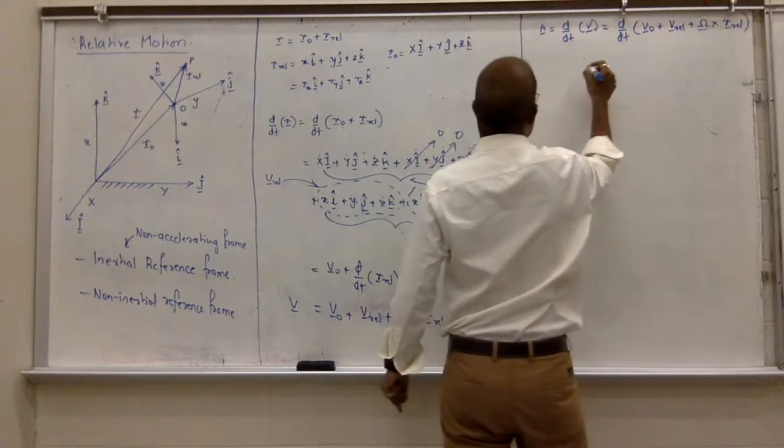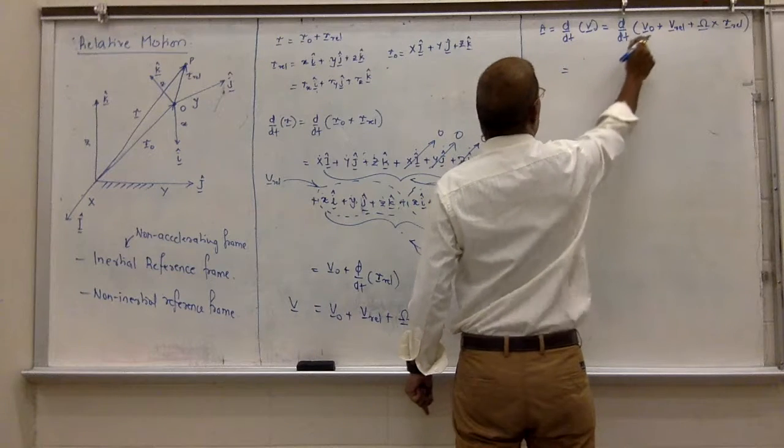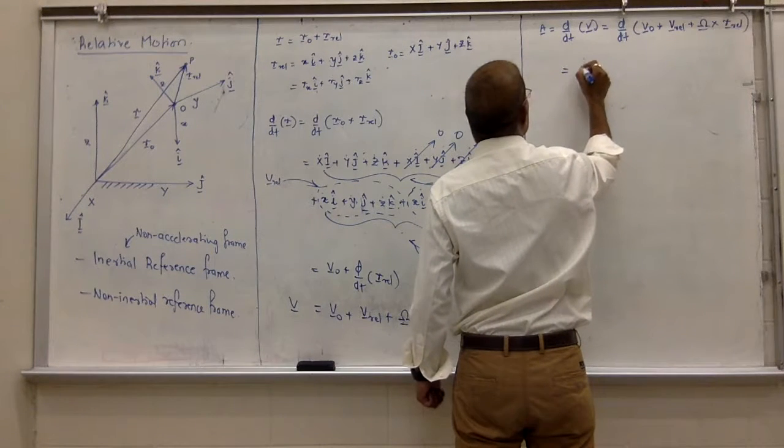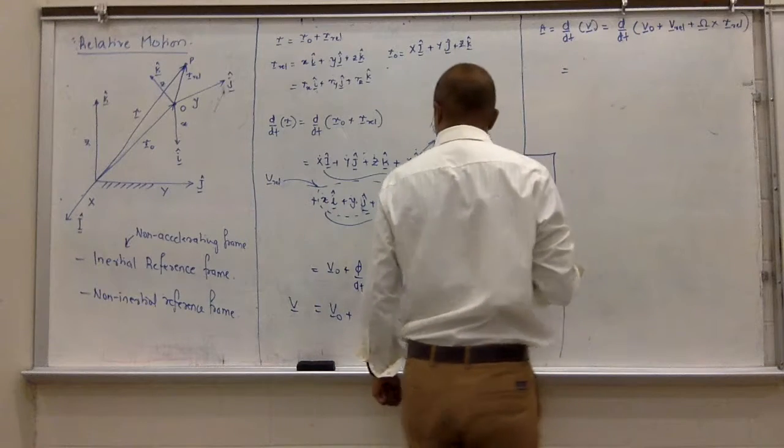Okay, so this d over dt of V naught is what? Is this A?